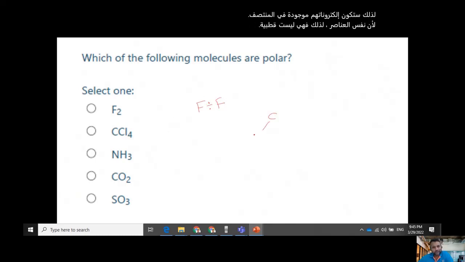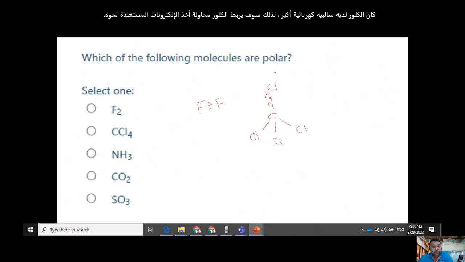CCl4. Here chlorine has greater electronegativity, so chlorine will try to take the bonded electrons towards it. That will make this bond polar. This chlorine is slightly negative, carbon slightly positive.